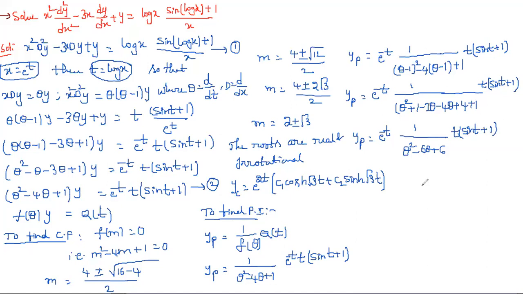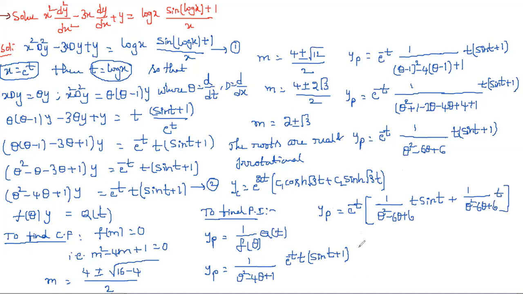Sine t plus 1. And next, yp is equal to e power minus t into. So you can multiply that inside the terms. So t square, theta square minus 6 theta plus 6 into t sine t plus 1 by theta square minus 6 theta plus 6 into t.